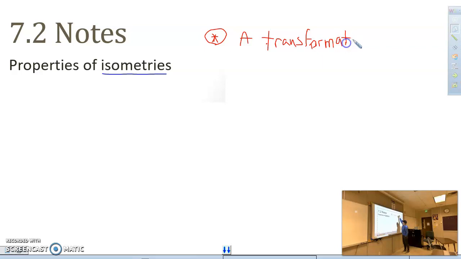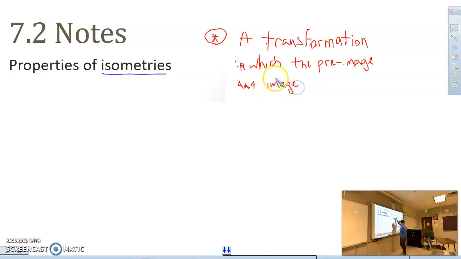A transformation in which, that's an N of course, the preimage and image are congruent.